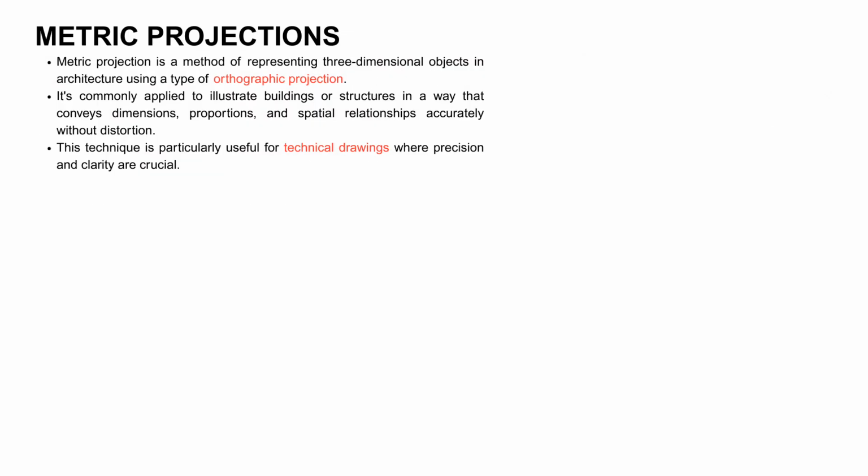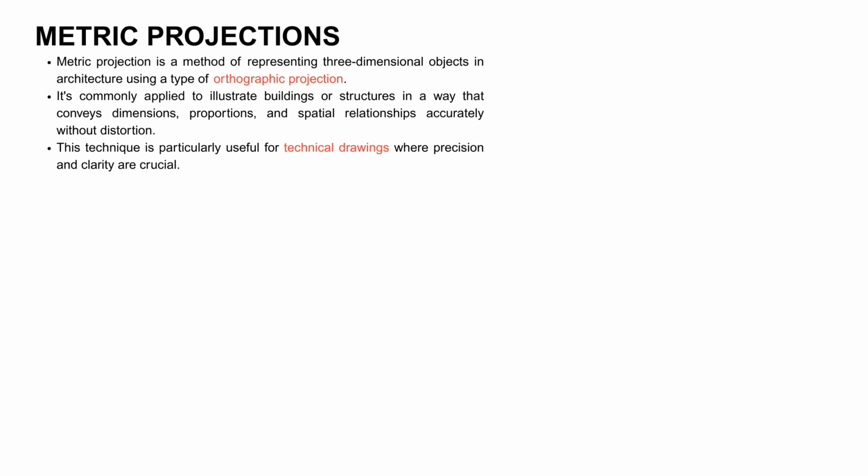There is a lot of confusion in our minds about how metric projections and perspective drawings differ from each other. Like, what is the difference between metric projection and perspective drawing?